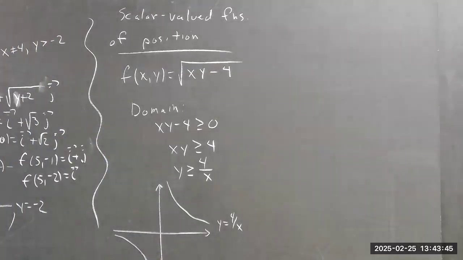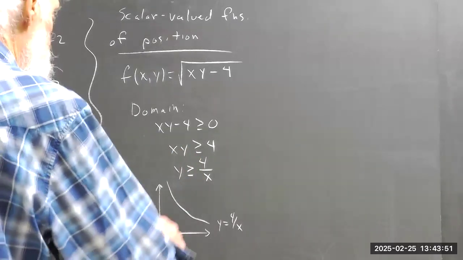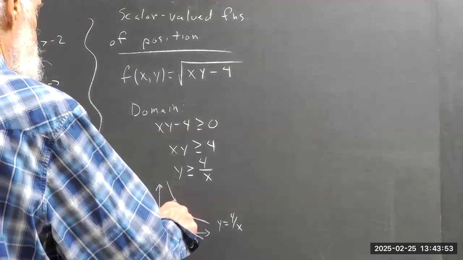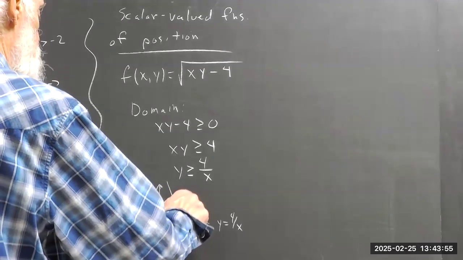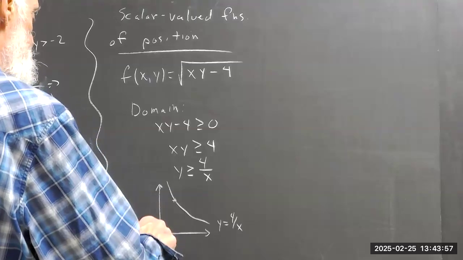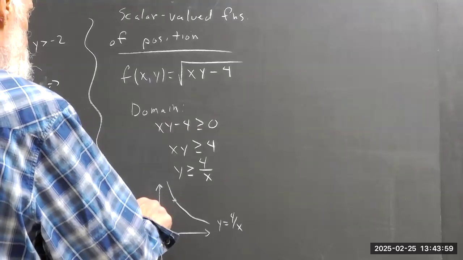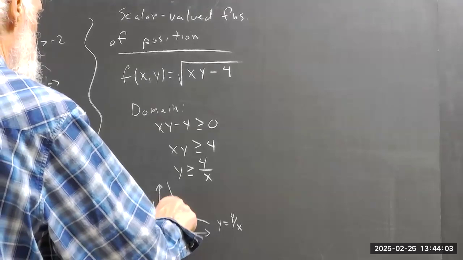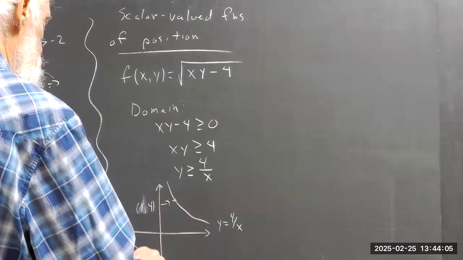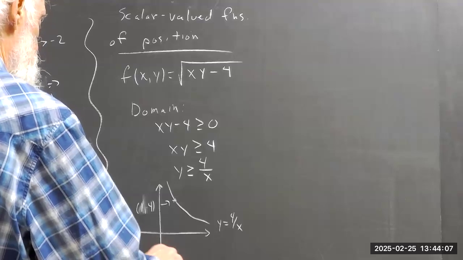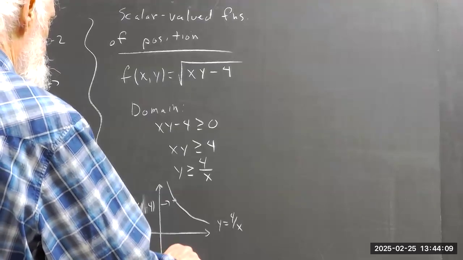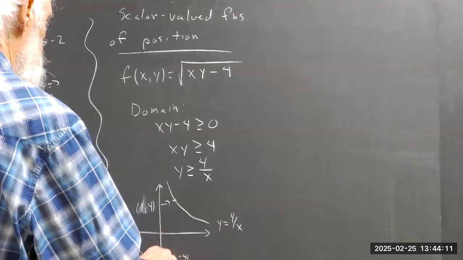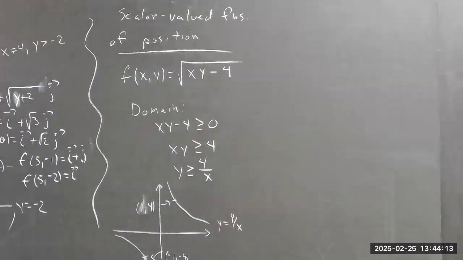Okay, it's just a vertically stretched reciprocal function by a factor of 4. So at some point over here, you've got the point, and the reflection of that point would be negative 1, negative 4. Just put a scale on this.